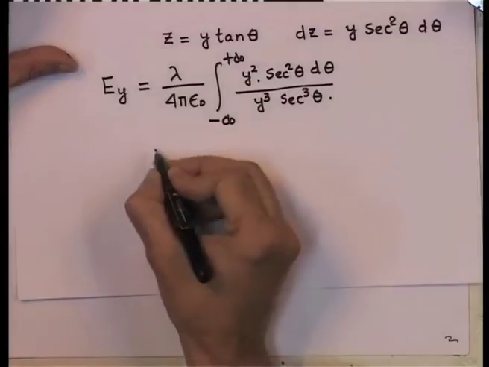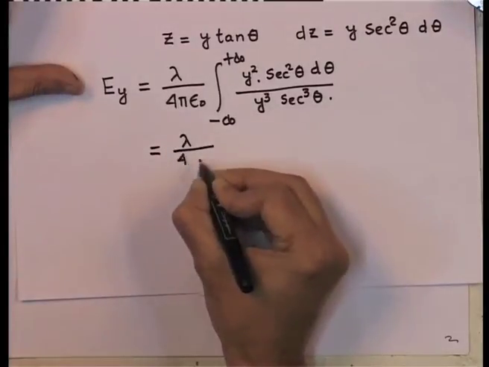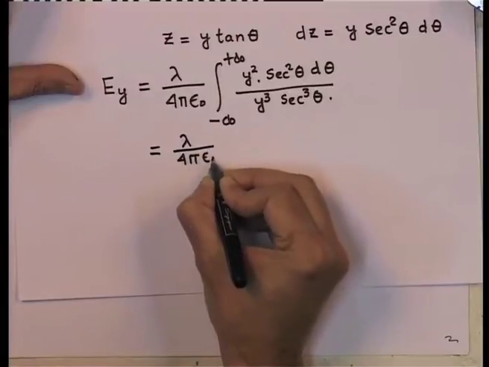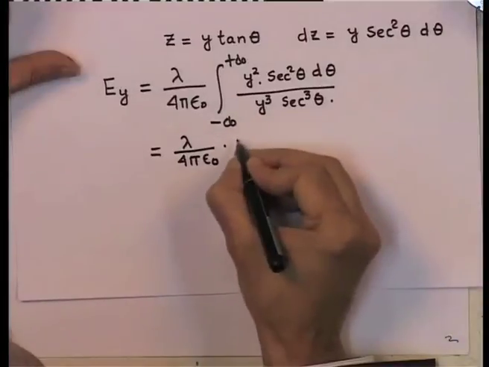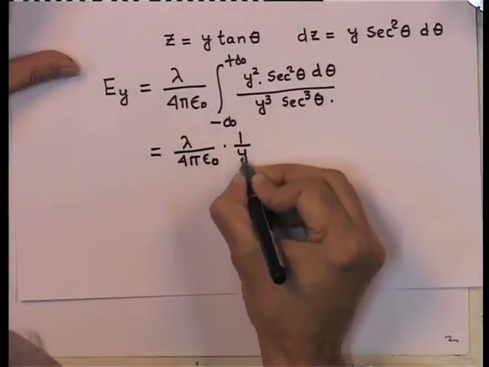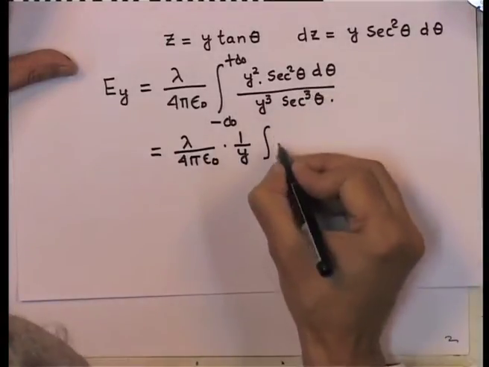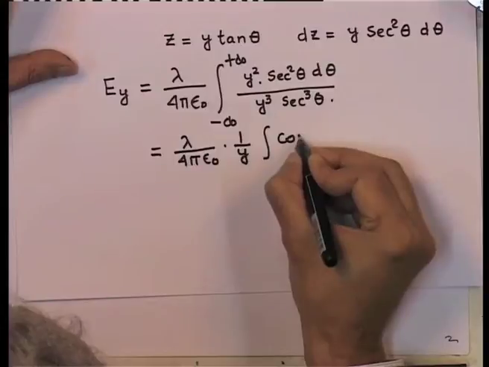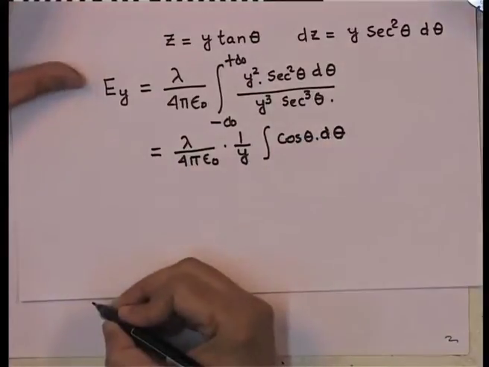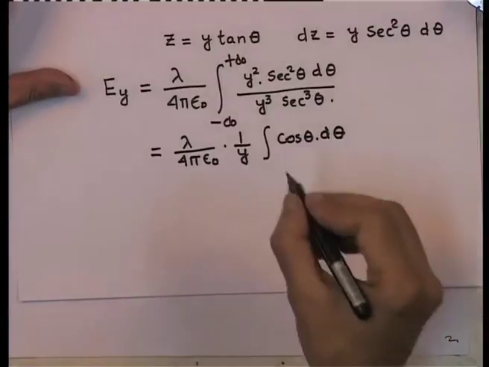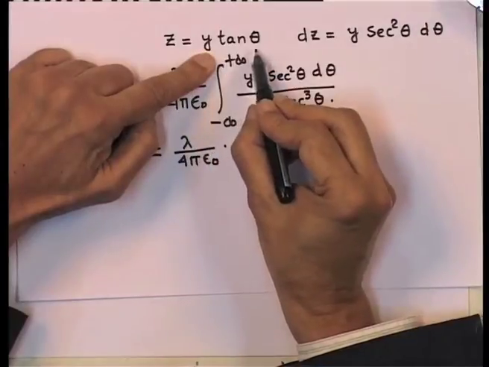Therefore, what I get here is lambda by 4 pi epsilon 0, and I got a 1 over y there, times an integral of 1 over sec cube theta times sec square theta, which is cos theta d theta. Now, notice that I said z is equal to y tan theta.